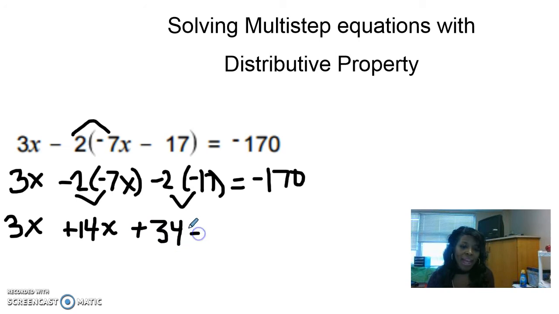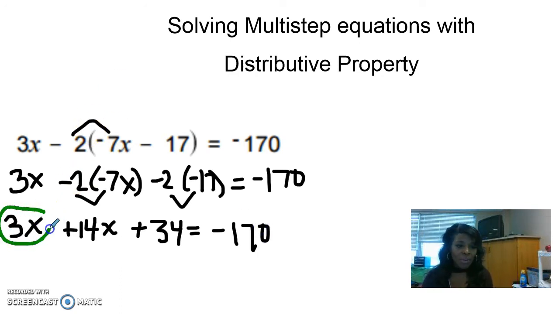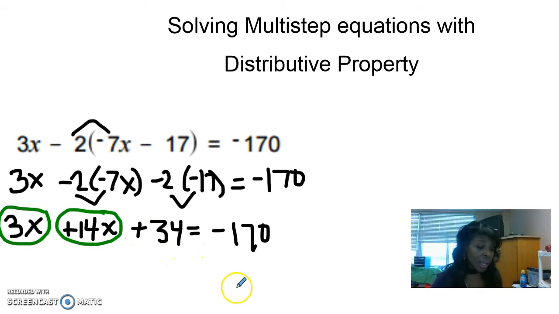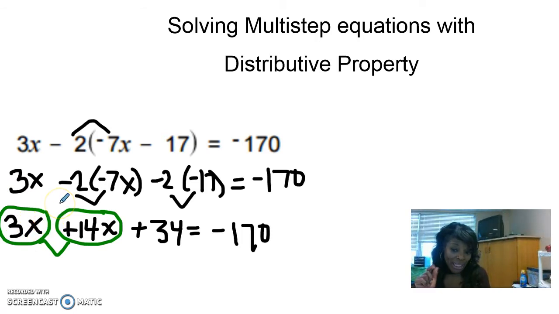Okay, that is looking much better, right? Now, what do we do? Combine like terms, which I know all of you guys know. Notice how I'm circling the positive in front of the 14 so that I know that it's positive, which I know you already know, because you guys have been doing a great job. Okay, so I add the coefficients, and of course a coefficient is what?